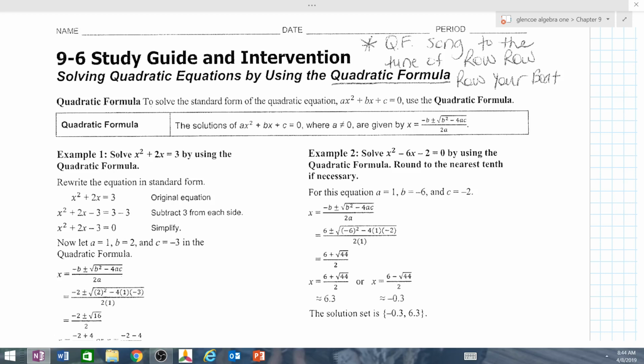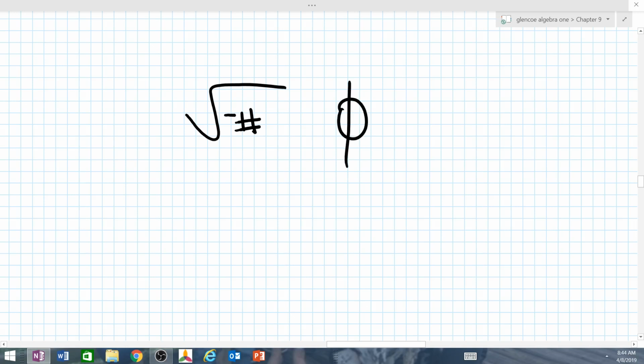Okay? Now let me just give you one other thing. If you're ever solving with the quadratic formula and you get something like this, the square root of a negative number, you're going to tell me at this point there is no solution, because until you get to Algebra 2 and you work with what we call imaginary numbers, and we don't deal with that in Algebra 1.